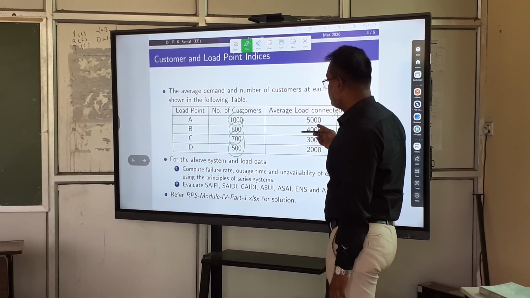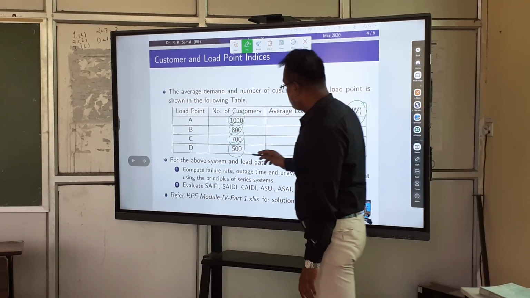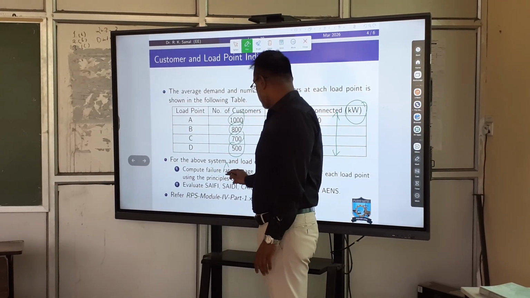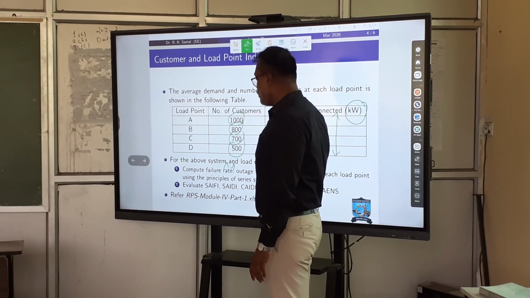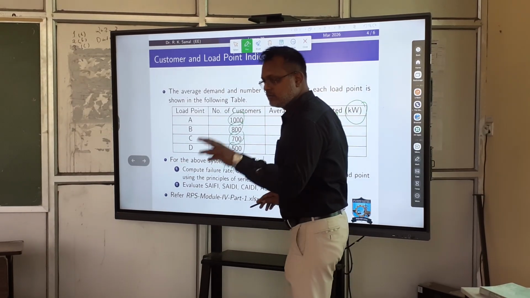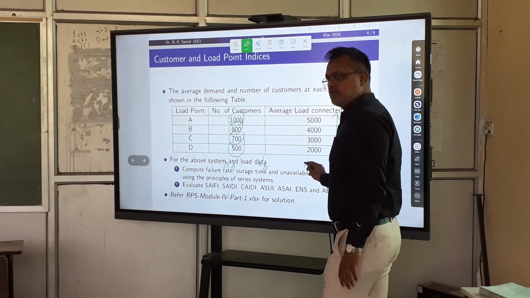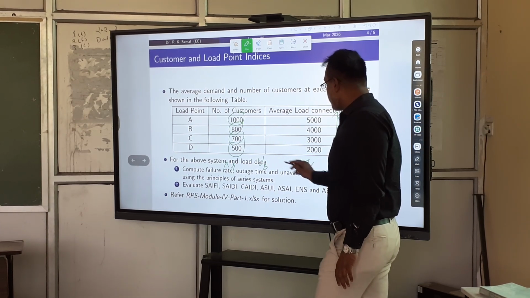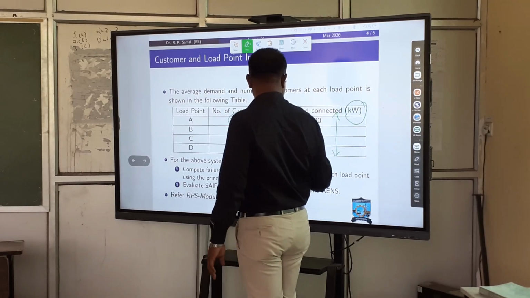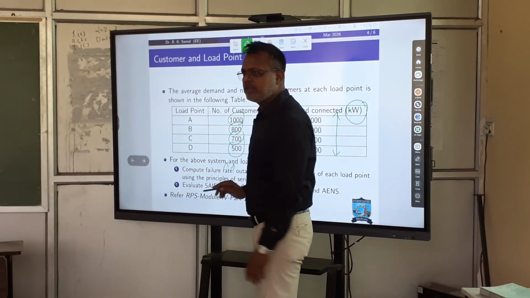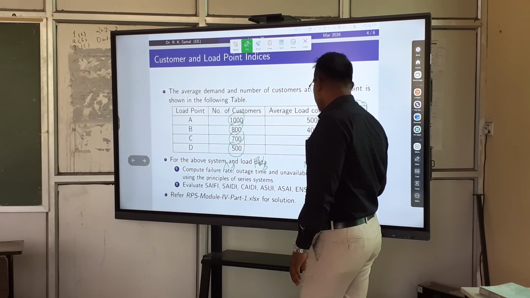For the above system, we need to compute lambda s, U s and r s at each load point.